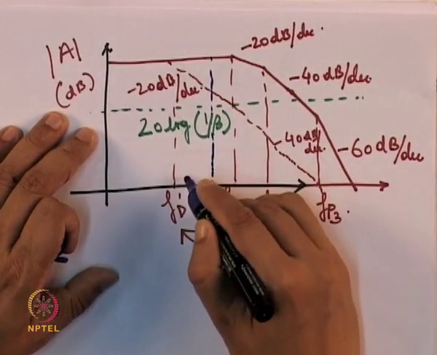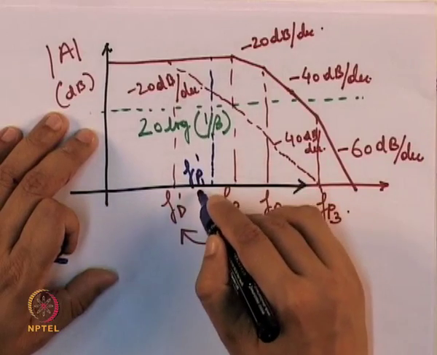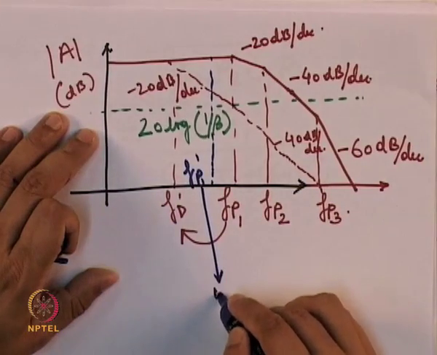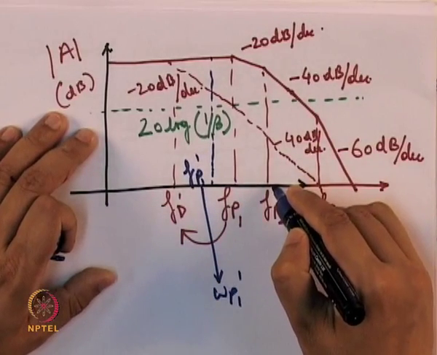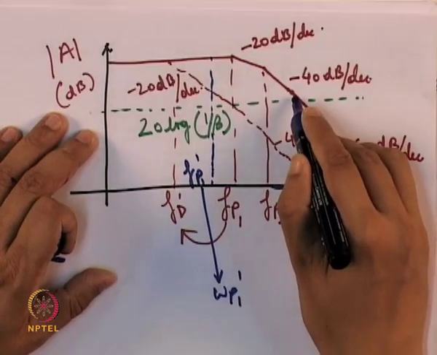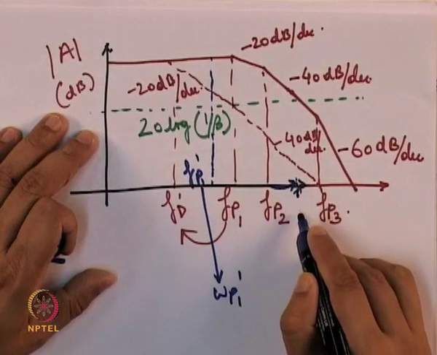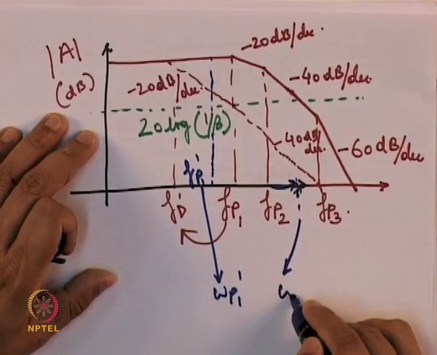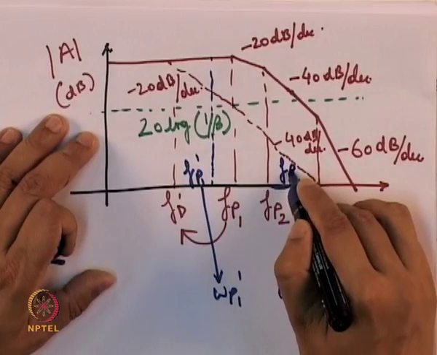So, my Fp1 dash, which corresponds to omega p1 dash that we just derived, and this Fp2 shifts this way. So, now it is somewhere here, omega p2 dash. So, this is my Fp2 dash.